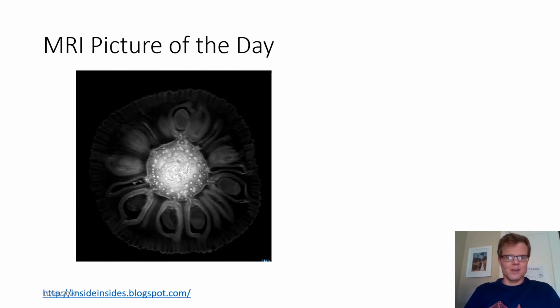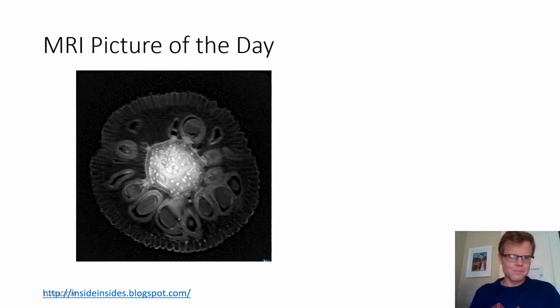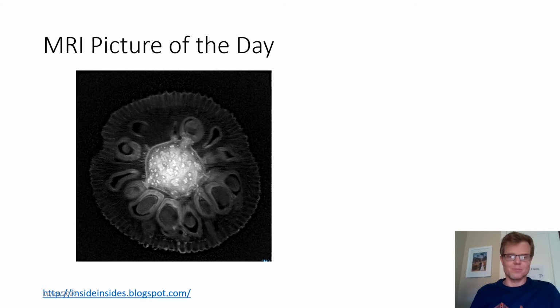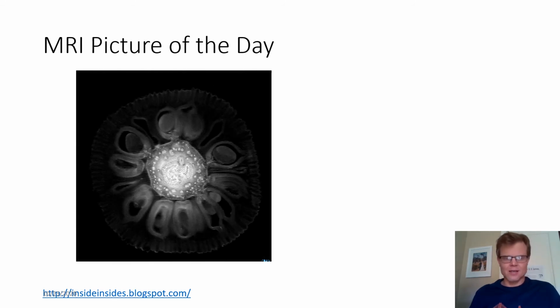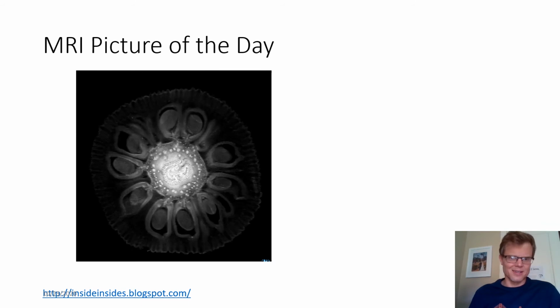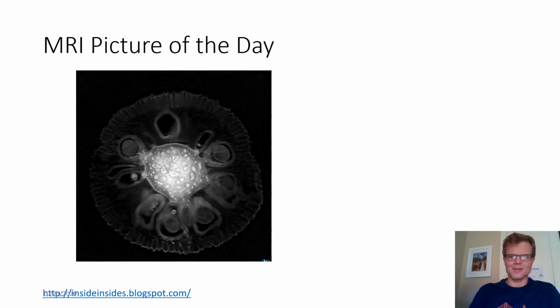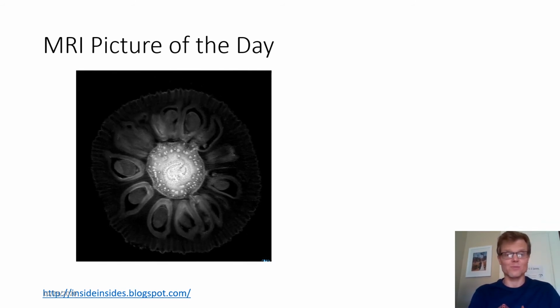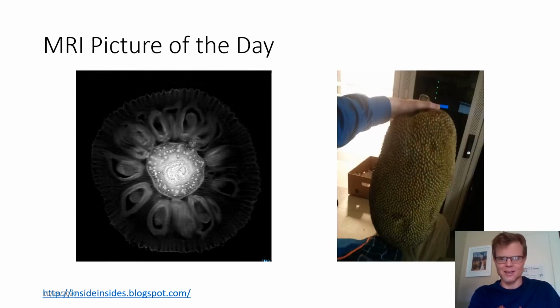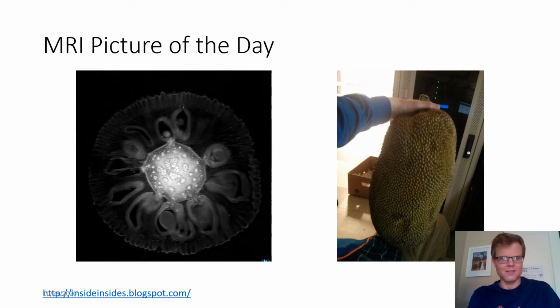So our distraction for today are these fun pictures from a nice blog called Inside Insides. It's been around for a while and features somebody who takes MRIs of a lot of different things, mostly various fruit. And this is a fruit that is hard to recognize.